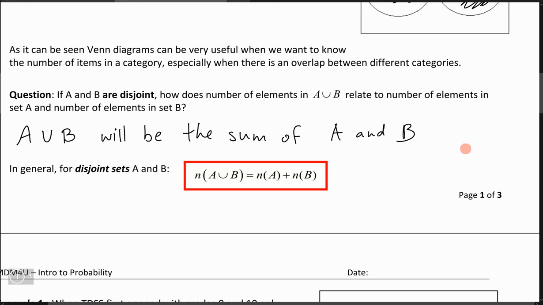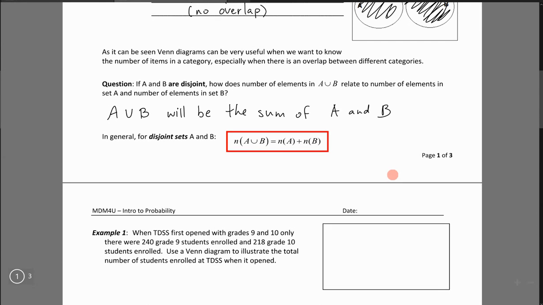So in general, for disjoint sets A and B, the number of elements n in A union B is equal to the number of elements in A plus the number of elements in B. Okay, and this is only for disjoint sets, because if they were not disjoint, then you'd have some overlapping elements, and this would not work.